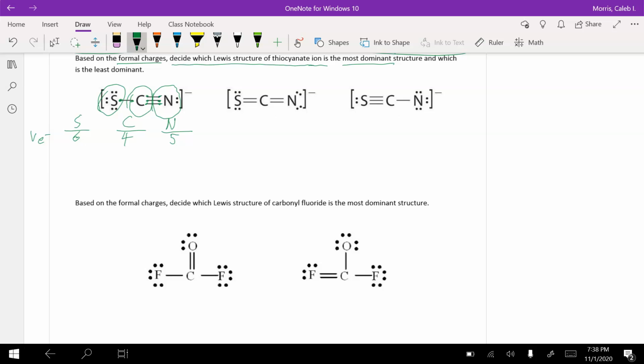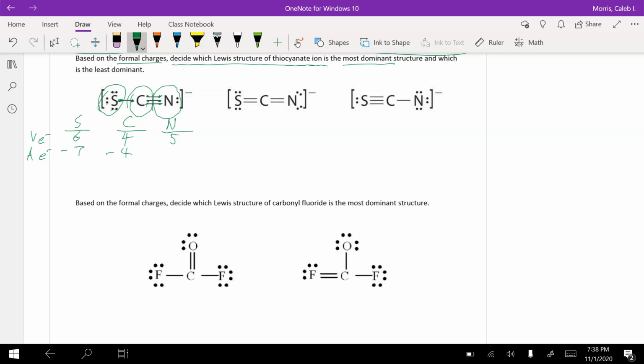And then we want to determine the assigned electrons, which is those dots that I just drew. So for sulfur, it would be 1, 2, 3, 4, 5, 6, 7. Subtract that. For carbon, it's 1, 2, 3, 4. So minus 4.